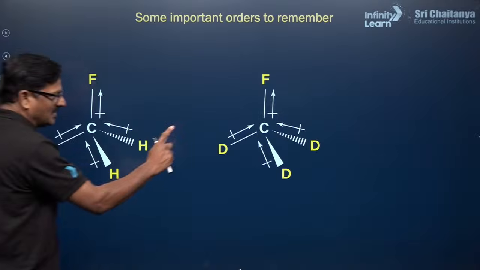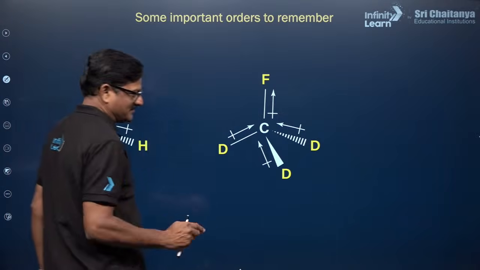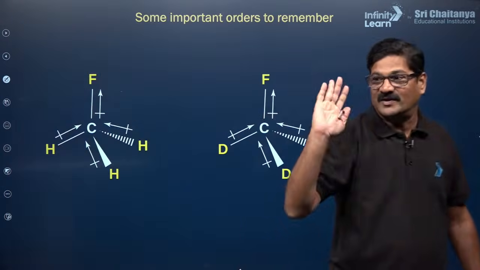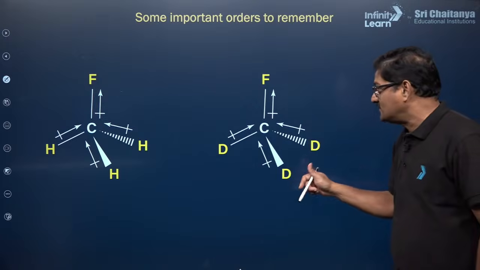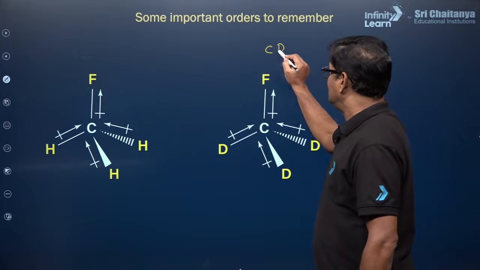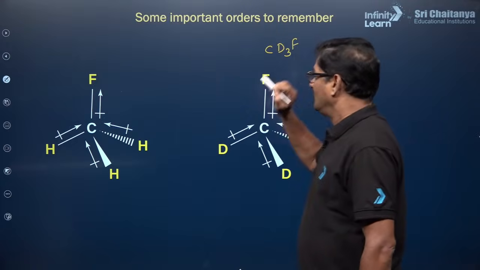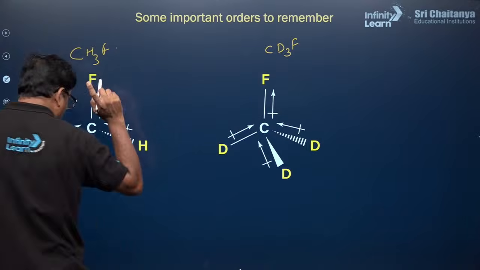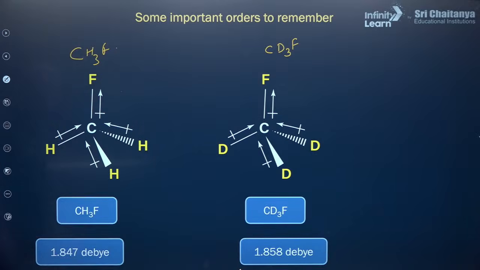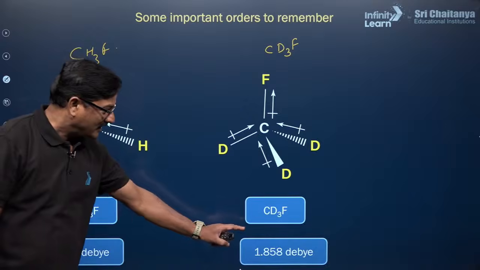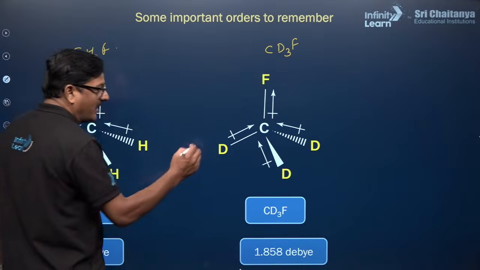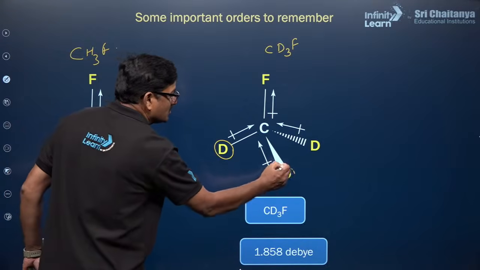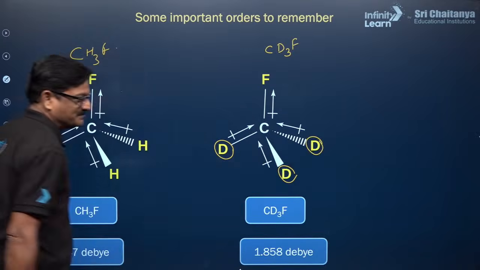You can see CH3F and CD3F, so an isotope is given here. The bond moment of deuterium: CH3F is 1.847 and here it is 1.857 debye. So the heavier isotope is going to create more dipole moment.